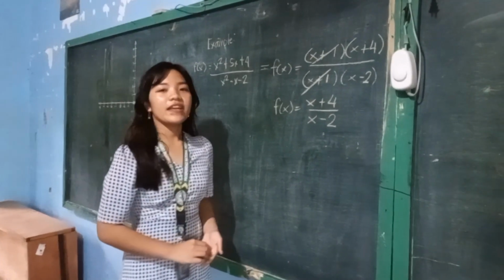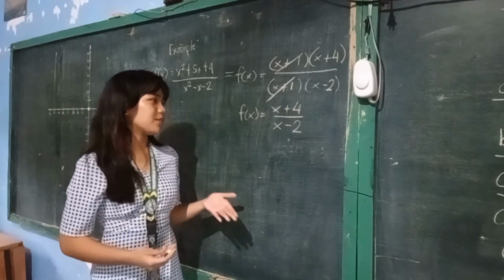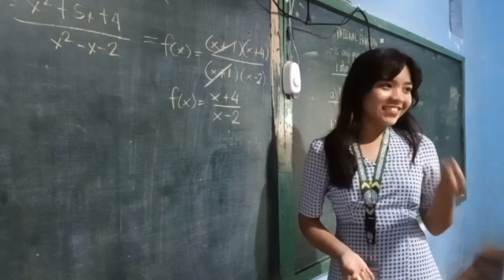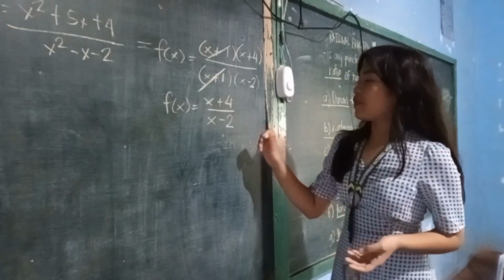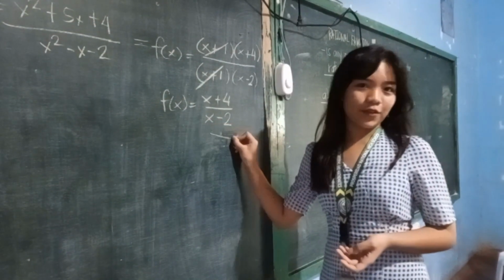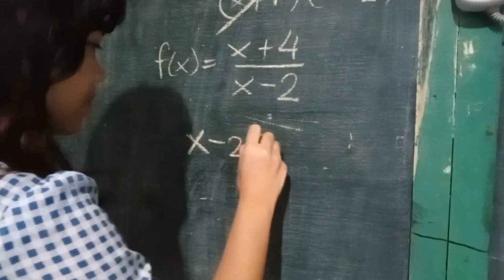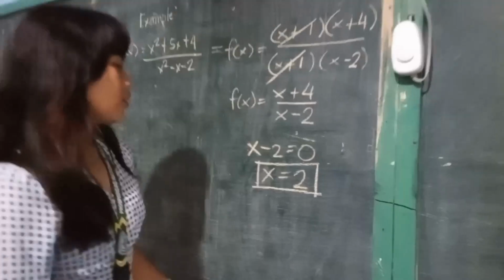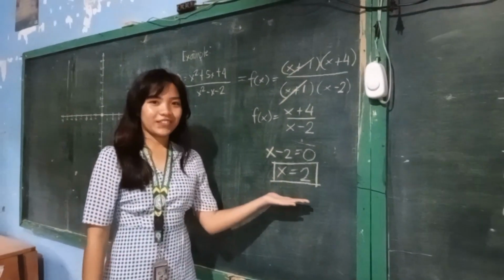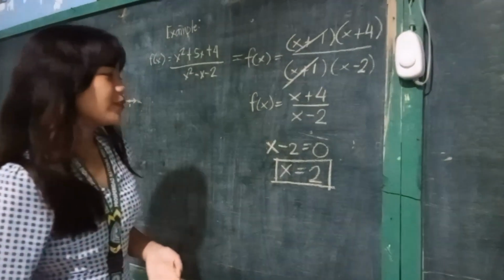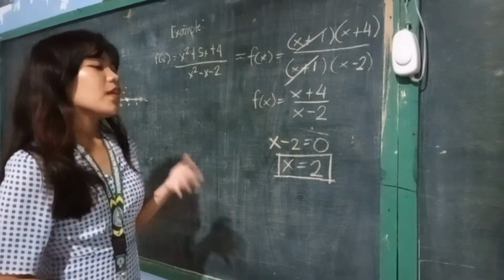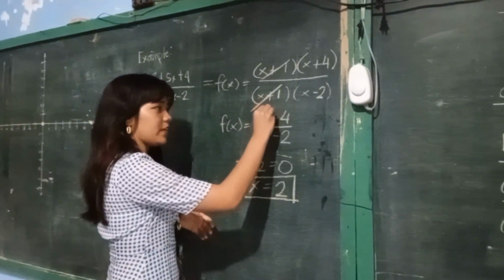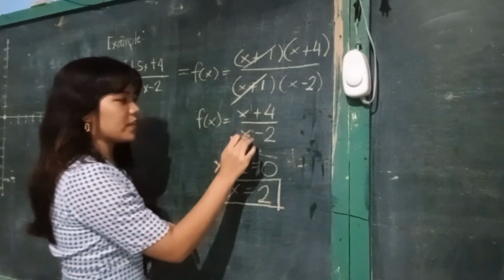Now let's find the vertical and horizontal asymptotes. First we're going to find the vertical. Like Elgin said, we just need to equate the denominator to 0. So our vertical asymptote is 2. And next we're going to find its horizontal asymptote. We can see that they have the same degree in the numerator and denominator.